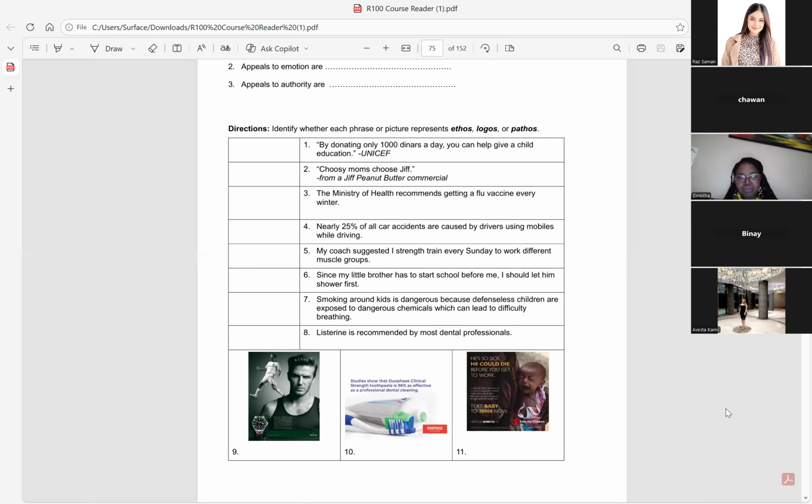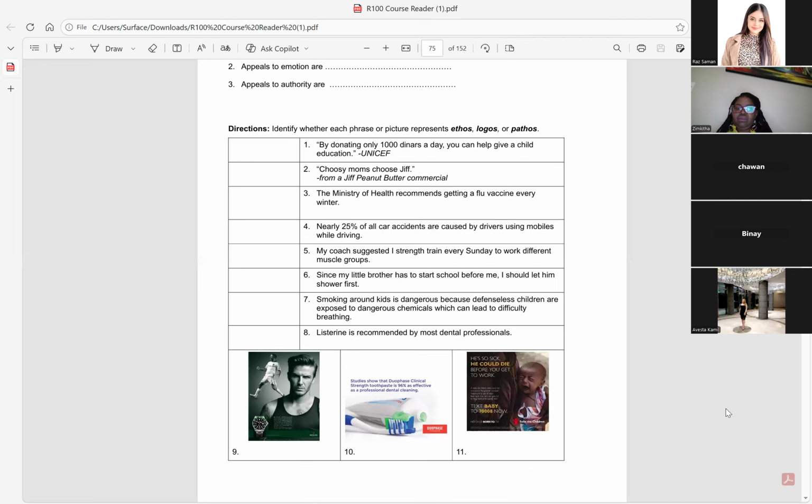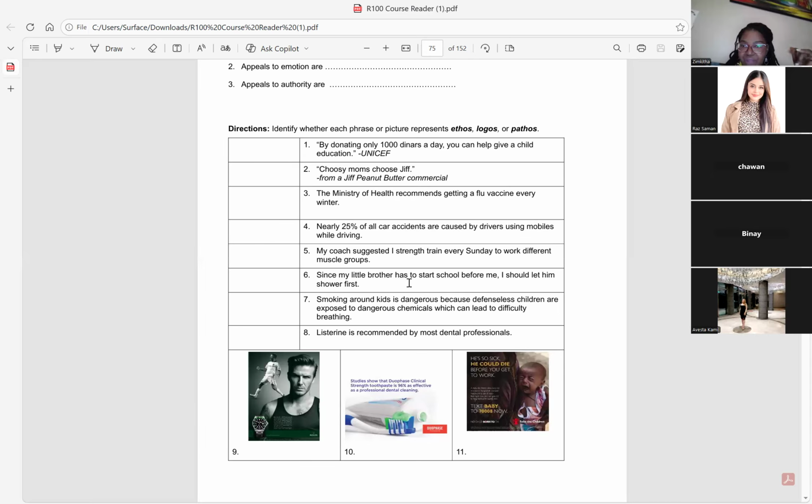Raz. Actually, it's ethos. Yes. Which part? Because my coach suggested. Yes. My coach suggested is ethos. It's somebody that you think is above you, that knows more than you about training, so you believe in what they say. Thank you so much. All right. Number 6, since my little brother has to start school before me, I should let him shower first.